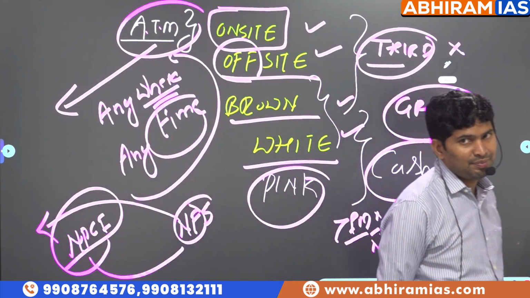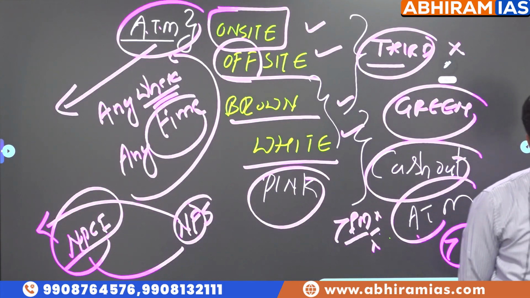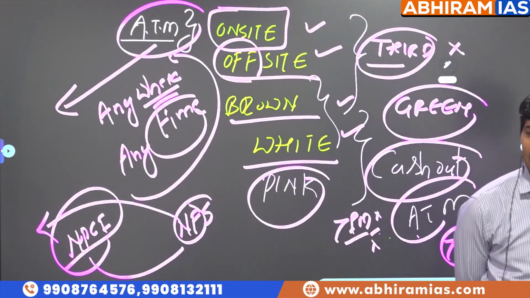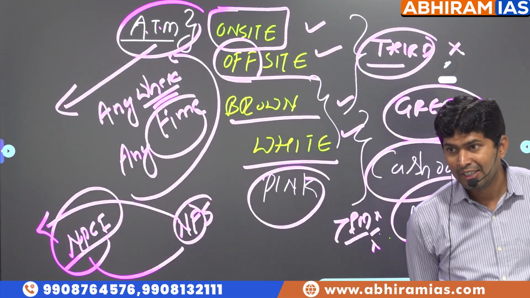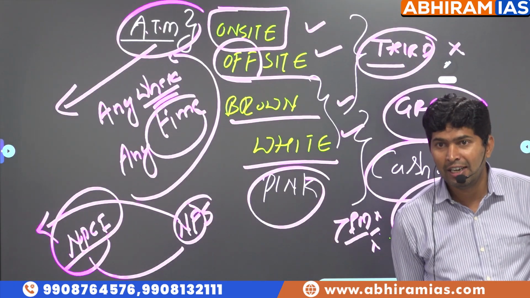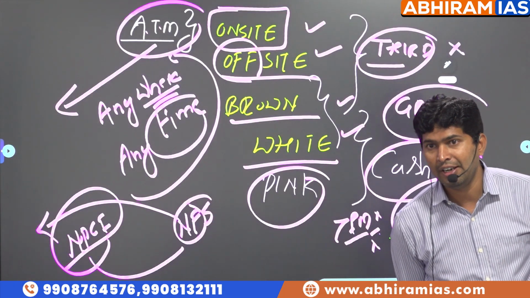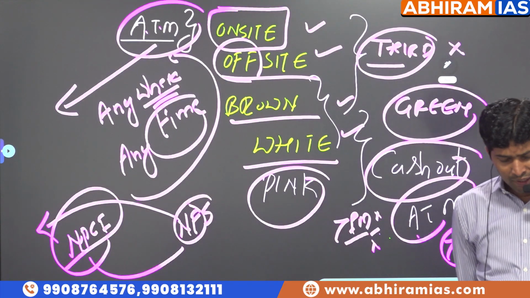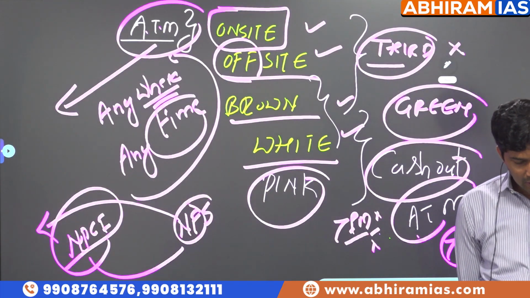What is the trap? RTGS and NEFT are directly monitored by RBI because they are linked to CVS. Remaining all are looked after by whom? NPCI, the National Payments Corporation of India. Now, so a third party ATM can be brown label or white label.